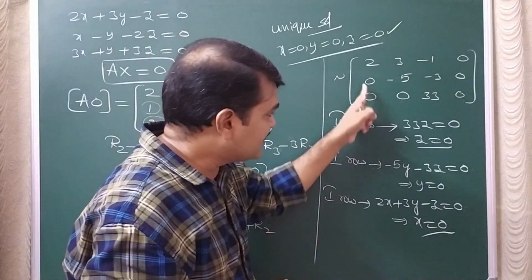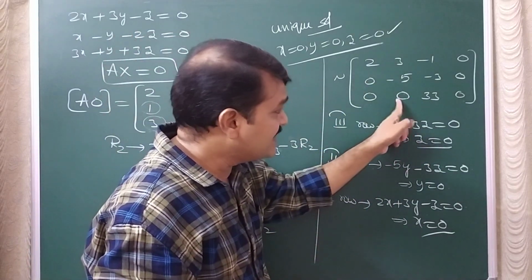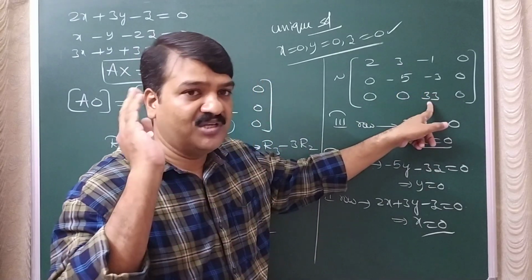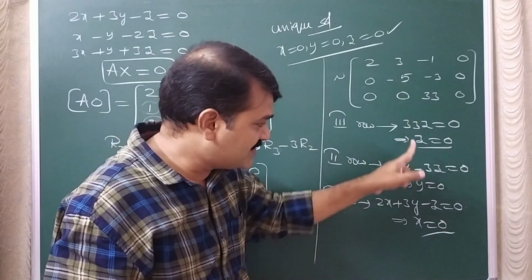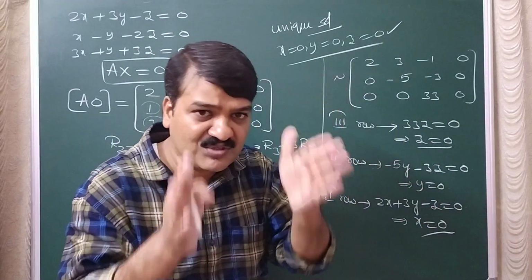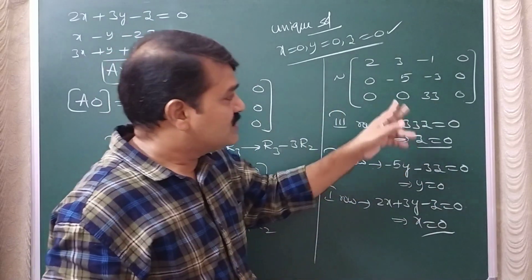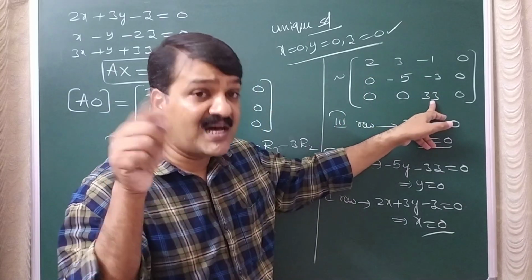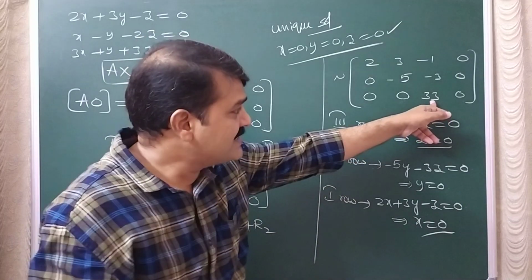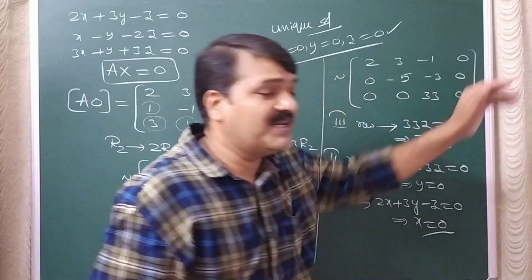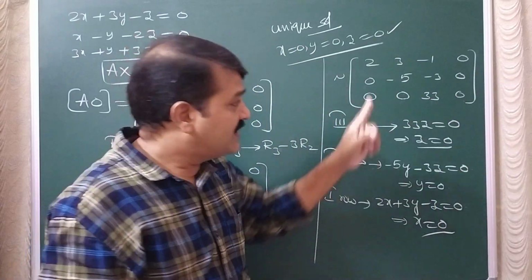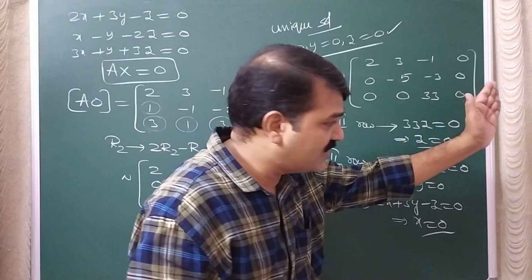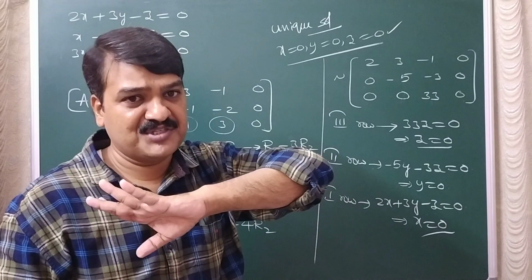After getting zeros in these three places, if this element is also 0, that is, if the complete last row becomes 0, then you will get infinite solutions.